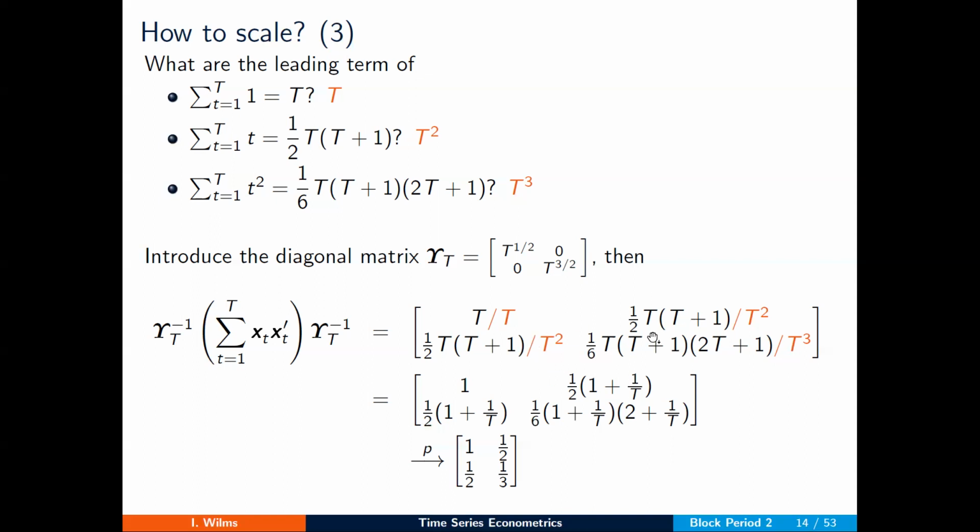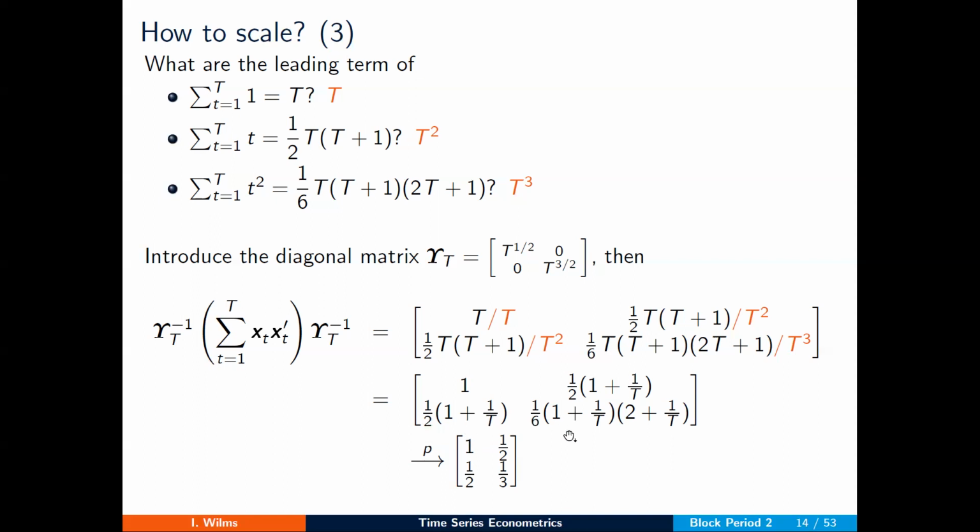Now for the off-diagonal elements, we get the combination of these two powers, which is the desired scaling immediately, t to the power 2. Then we can derive the convergent matrix after introducing this scaling by computing the probability limit for each entry separately. The first entry, of course, converges to 1.